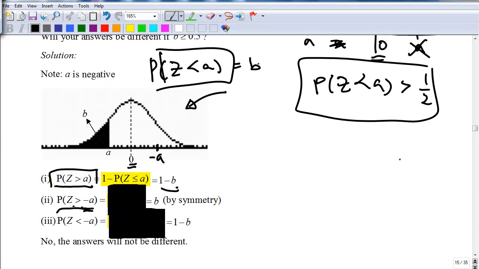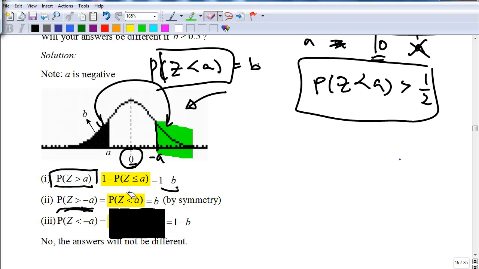So Z bigger than or equal to minus A is actually this shaded region, this area here. If you look carefully, this area must be the same as this area because of the symmetry. That means probability Z bigger than minus A is the same as probability Z less than A, and that's how you get B.